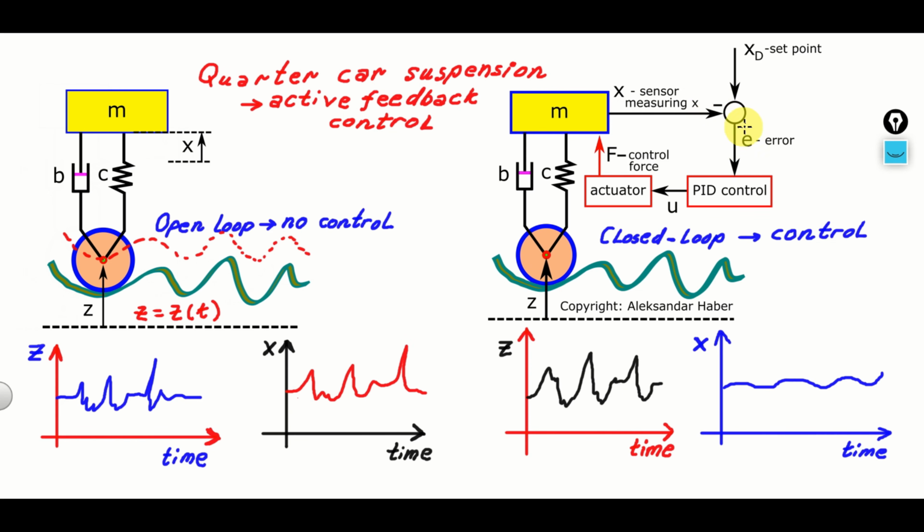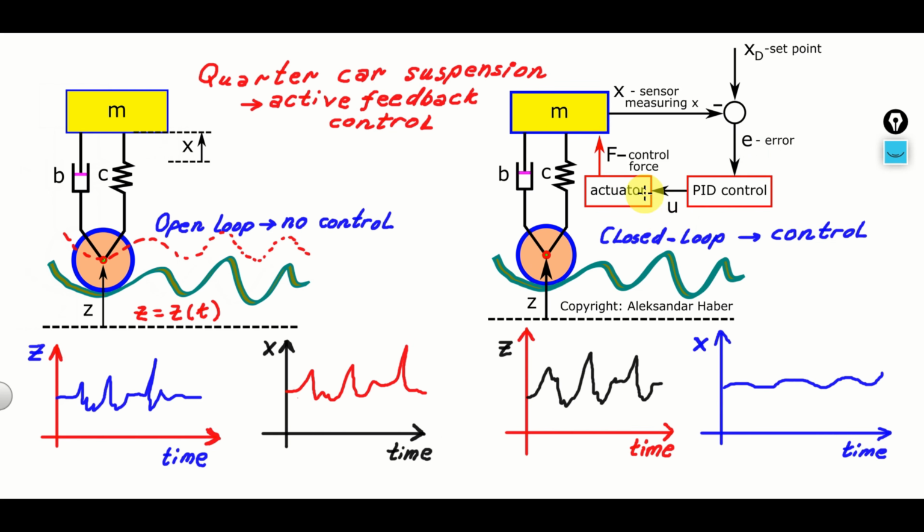Then, the error E goes as an input to our PID controller, and on the basis of the current error E and on the past values of the error E, the control algorithm will compute the control input U that's sent to the actuator.